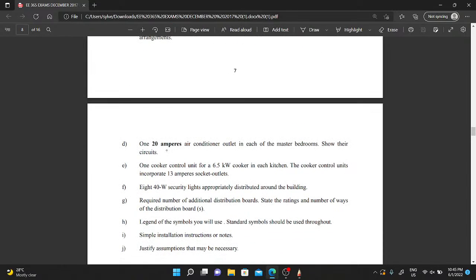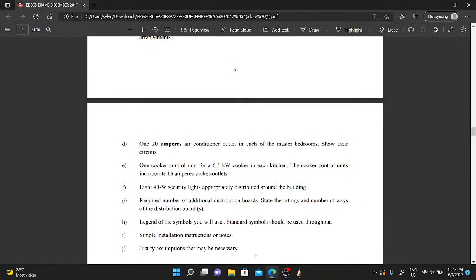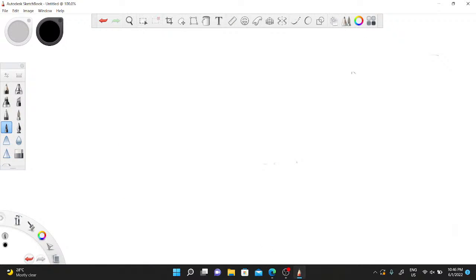Then they said we should put a 120 amps air conditioner in each of the master bedrooms and show their circuits. We should put 8 40-watt lamps outside. Then we are supposed to find the number of distribution boards. So right now we have calculated the number of lamps and fans in each of the rooms.